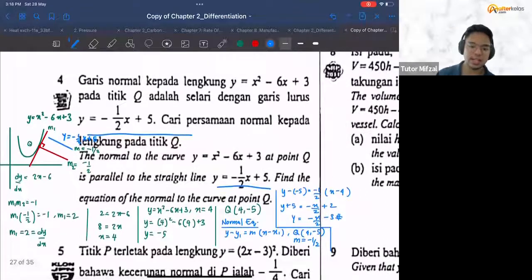Okay. Is there anything yang korang tak faham so far? The first step is to find the coordinate of Q, and the second step baru kita cari the equation of the normal. The way that we try to use this, kita try to visualize dulu.